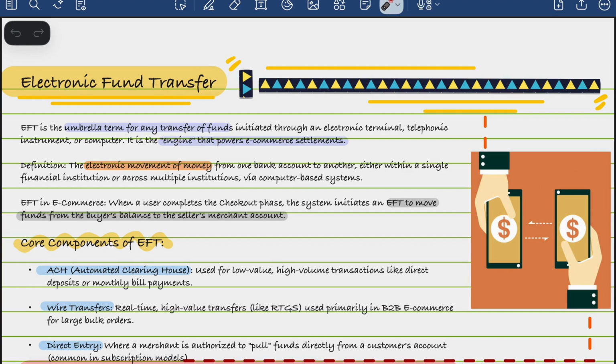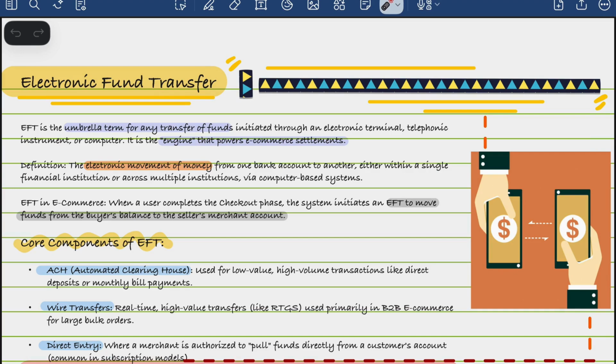It is an umbrella term, defined as any movement of monetary value from one bank account to another that is initiated entirely through an electronic terminal, an electronic phone, a computer, or any kind of digital interface. So if any monetary value is being transferred, we regard that as electronic fund transfer. The electronic payment system is part of this.